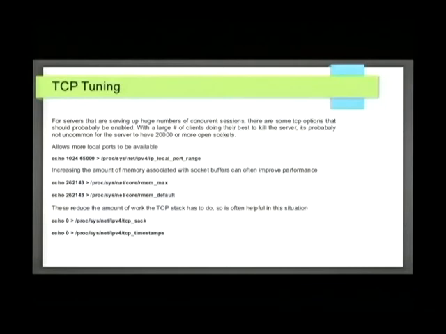There are some TCP options that should probably be enabled with a large number of clients doing their best to kill the server. It's probably not uncommon for the server to have 20,000 or more open sockets. You can change these settings and your network will be much faster even on 100 meg switches.